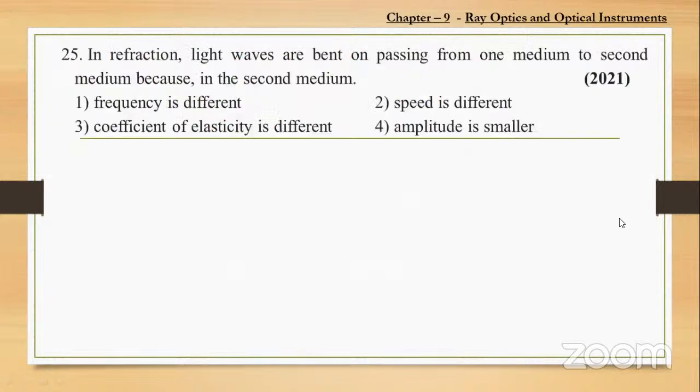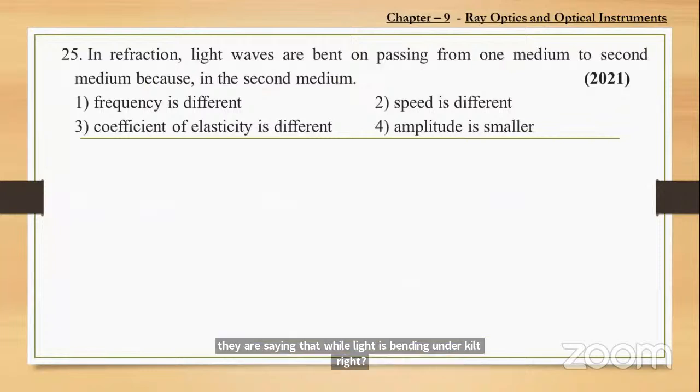Okay. Next question. In a refraction, light waves are bent on passing from one medium to a second medium because... sometimes they are asking why light is bending when light falls from one medium to another medium.